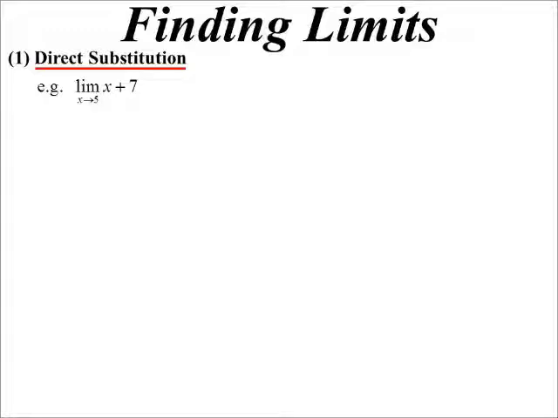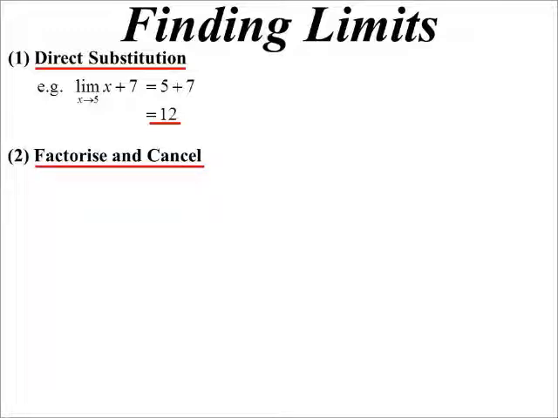Different ideas. Well, one is to simply substitute the number in and see what's happening. So if I've got the straight line there, y equals x plus 7, and I want to know what's happening as x approaches 5, I can just substitute it straight in and we know it's approaching 12. Sometimes that's not going to work.